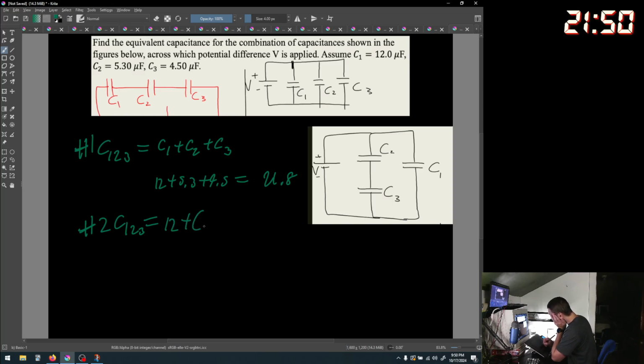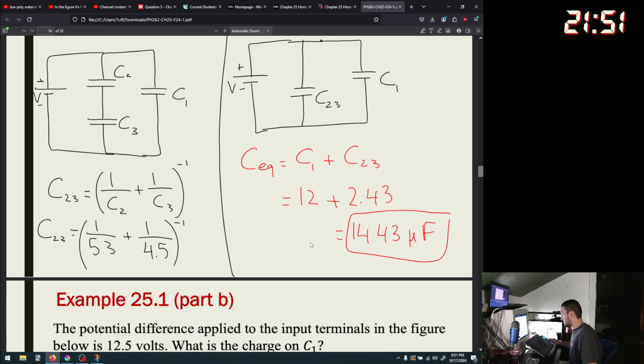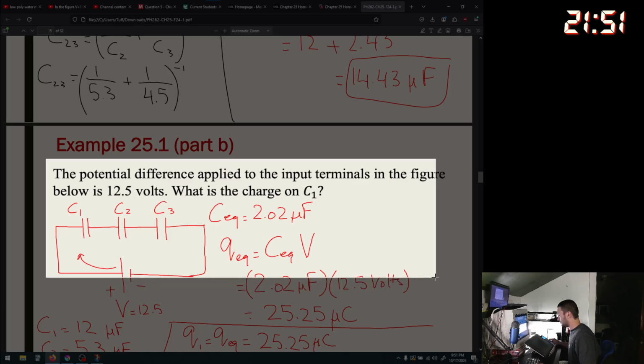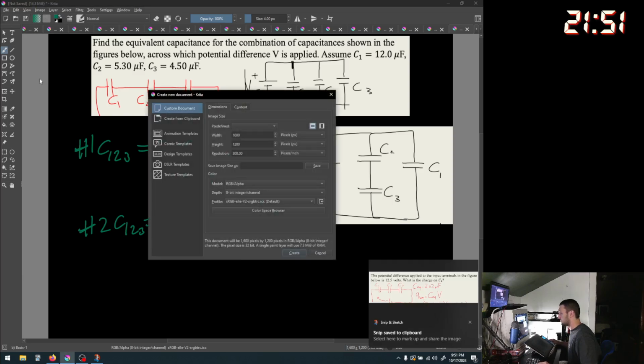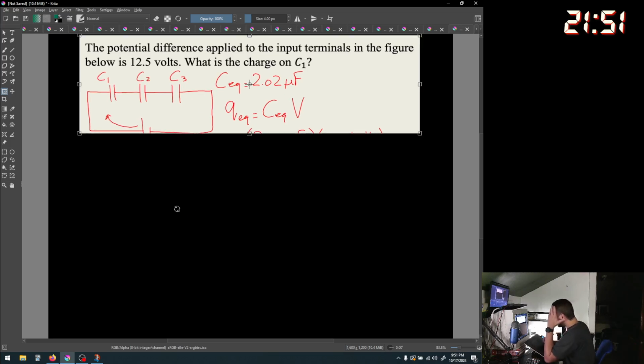Well, I can see this is 12 plus 1 over 5.3 plus 1 over 4.5, inverse. I'm getting 14.4. Yeah. Okay.